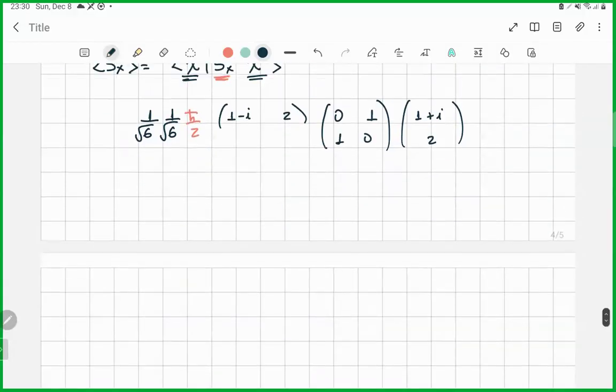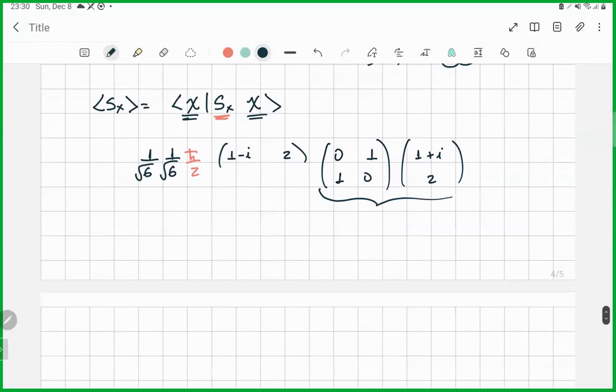So let's do this again as an exercise. So here, this with this is 0. So the first element is 2. And the second element is going to be 1 plus I. Okay, and now we go to the two vectors.